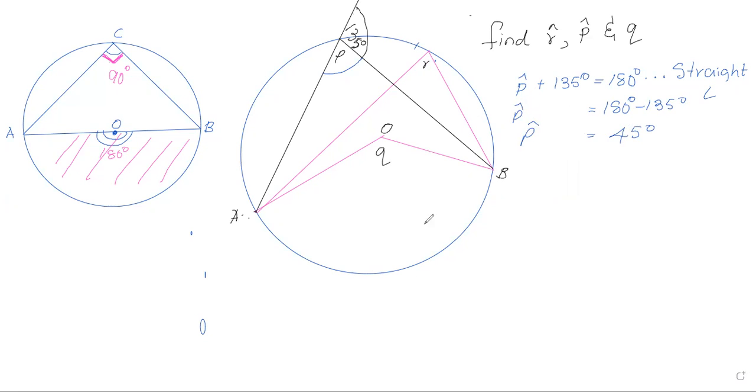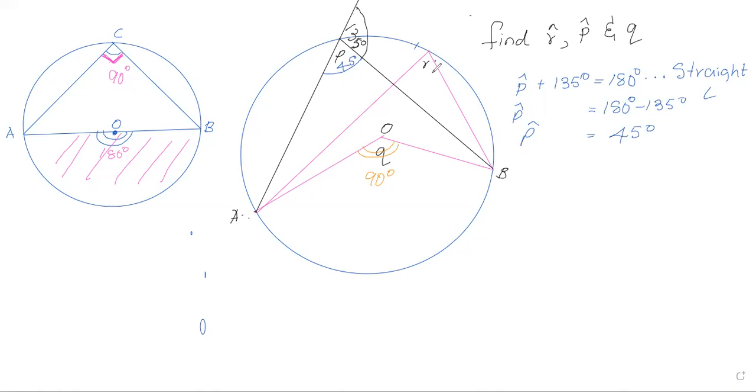Now, let's say P here is 45 degrees. But if you look carefully, Q is at the center of a circle. If you look at A, P, B, O, and A, therefore it makes Q to be 90 degrees.